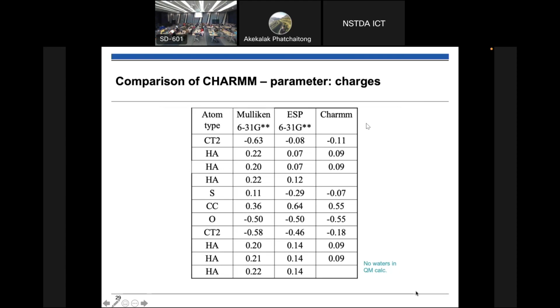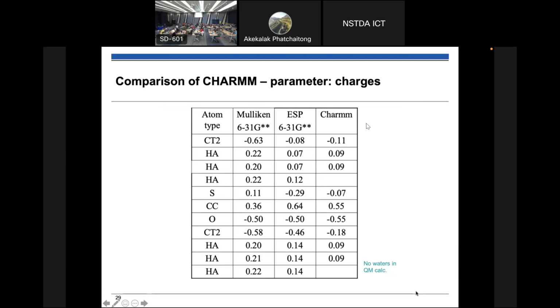And this is what CHARMM uses in the CHARMM force field. For a certain carbon atom, the Mulliken charge is 0.63, the ESP charge is minus 0.8, and CHARMM uses minus 11. Such variability, right?